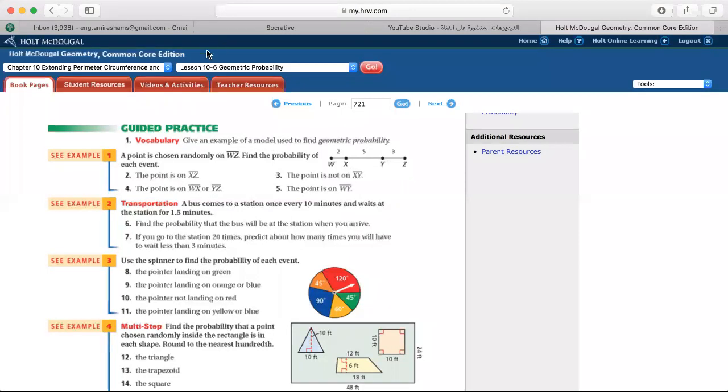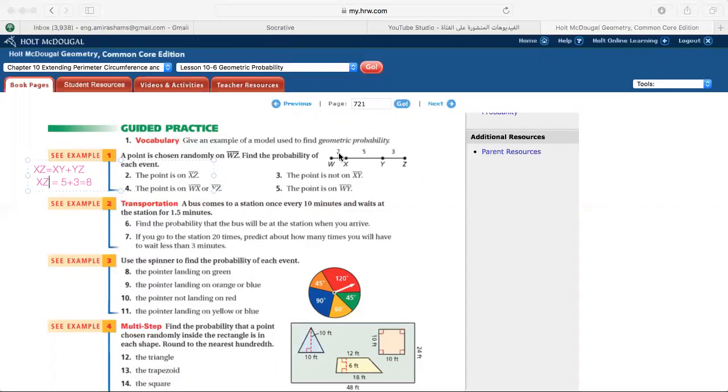So let me write here: XZ is equal to XY plus YZ, which is equal to 5 plus 3, which is equal to 8. What is the total?